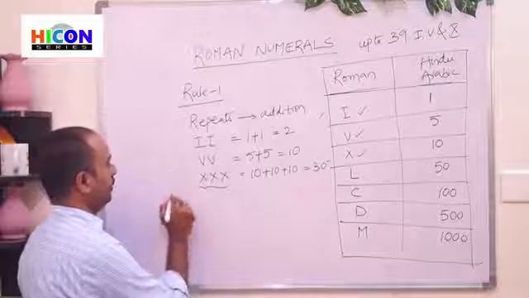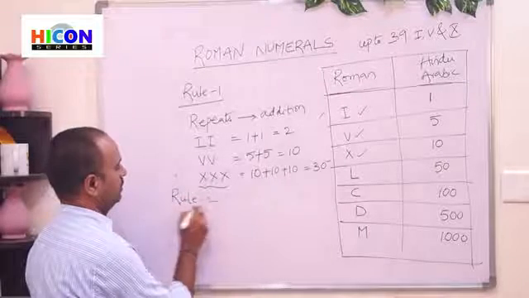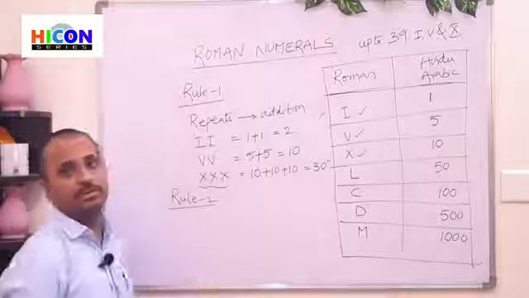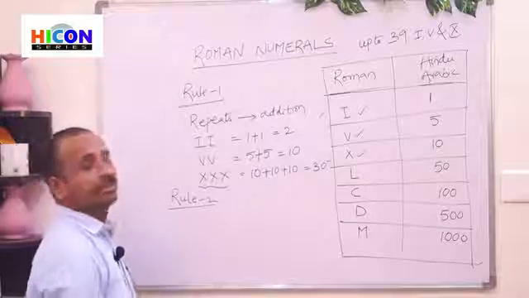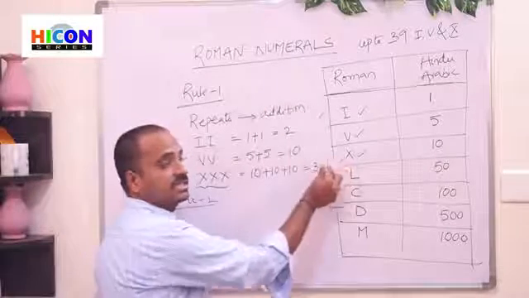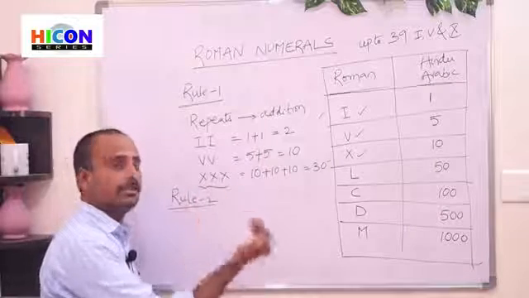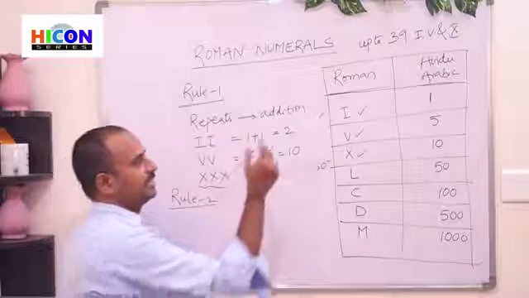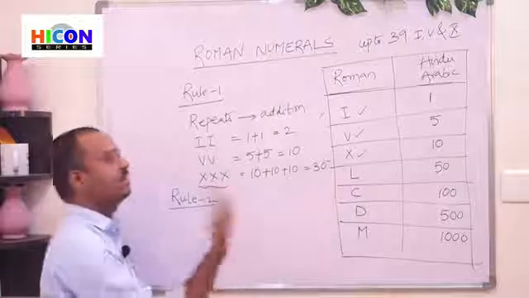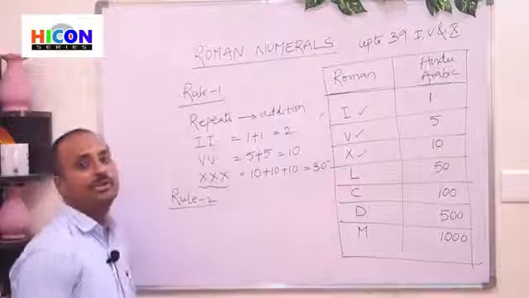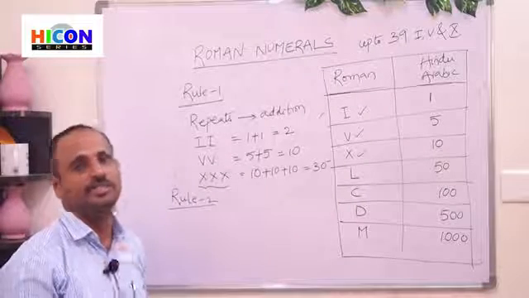So next, rule number 2. What is rule number 2? Children, if the smaller value is written on the right side of the bigger value, then we have to make addition.